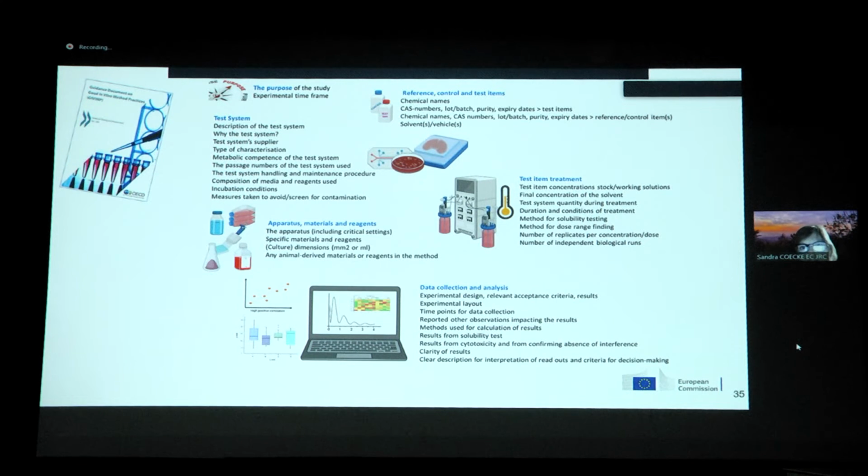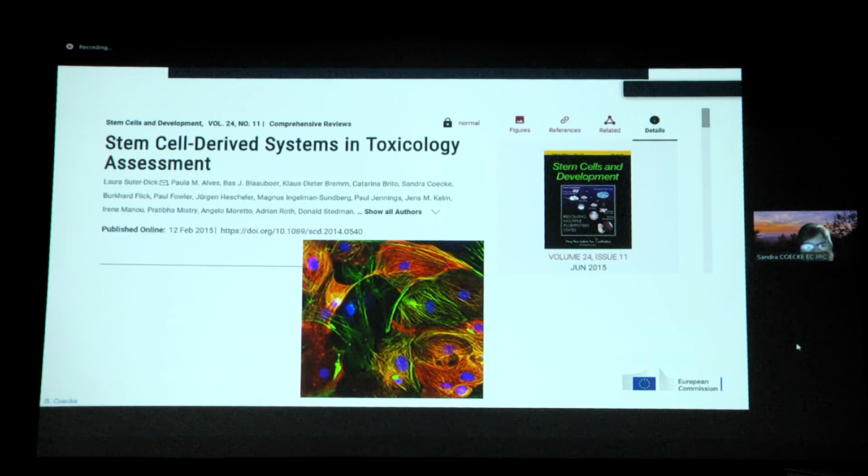If I have a method, you need some kind of controls. If I have compounds, the test items, do I know something about them? Are they stable? Are they soluble? Do I have range finding? When I get the data, how I collect the data, how I analyze them, from very simple data to very complex data.